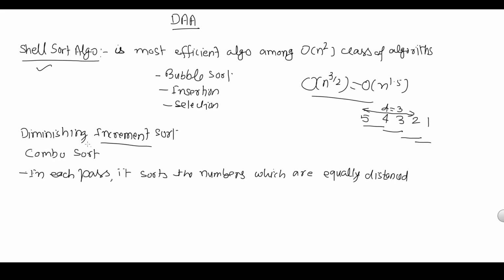So this compares the elements which are at d distance. Also, in each pass the value of d is reduced to half.